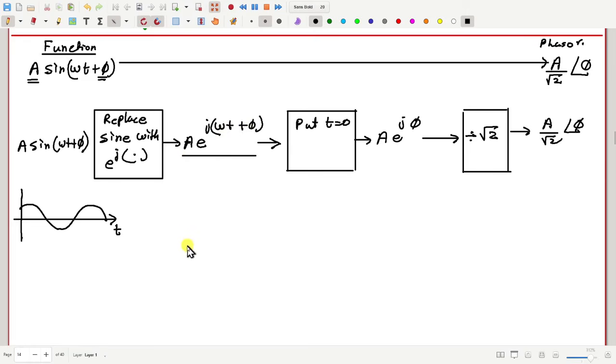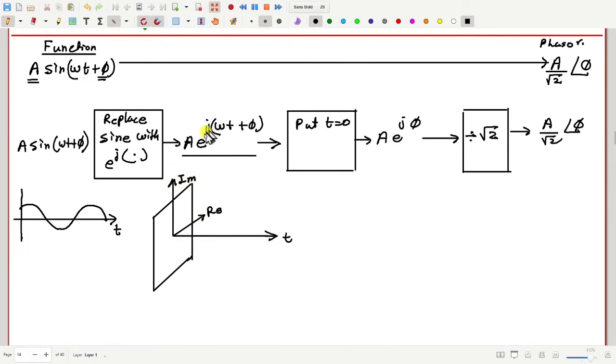This is a complex function, so to draw this I need a three-dimensional space. Suppose this is the time axis, and perpendicular to the board we have the complex plane. This is the real axis, this is the imaginary axis.